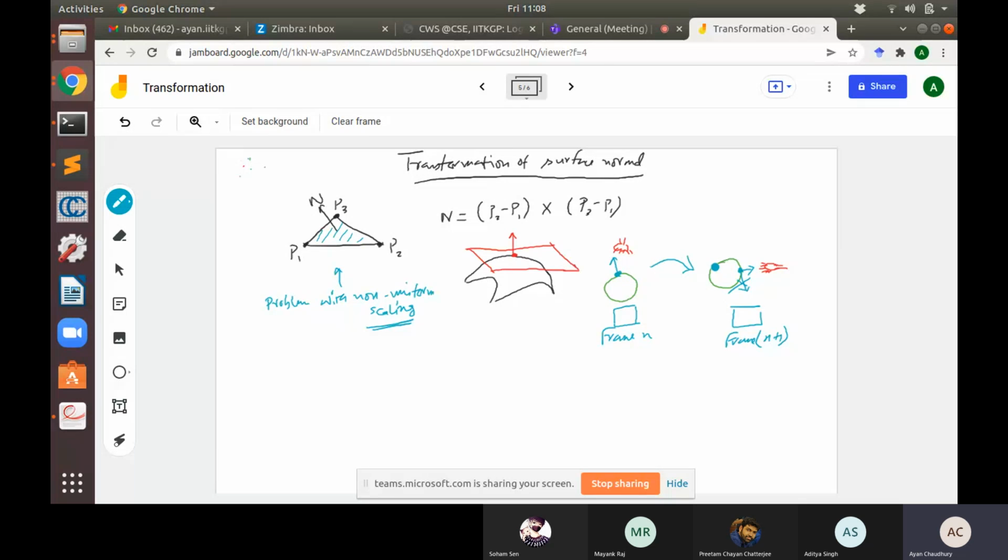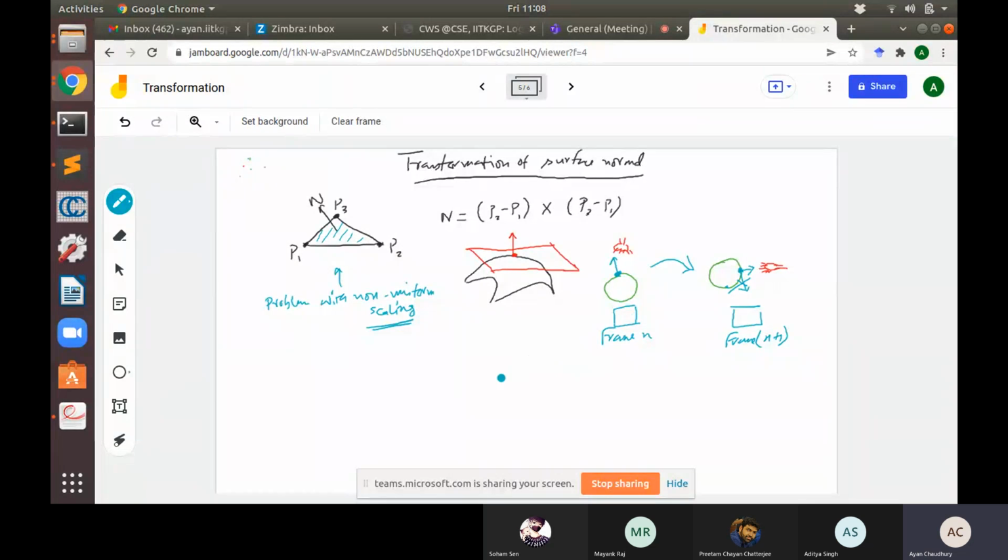In that case, the surface normal will also have to be transformed properly. If my transformed surface normal is not proper, then it will point in a different direction, and you will get a wrong lighting calculation, and eventually the lighting will not be proper at that position. That's why we need a special case for surface normal transformation.